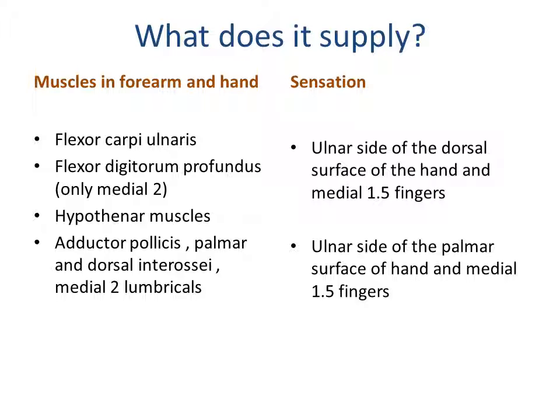It gives off sensation by the dorsal cutaneous nerve to the ulnar side of the dorsal surface of the hand and medial 1.5 fingers, and via the palmar cutaneous nerve and the superficial sensory terminal branches to the ulnar side of the palmar surface of the hand as well as the medial 1.5 fingers.